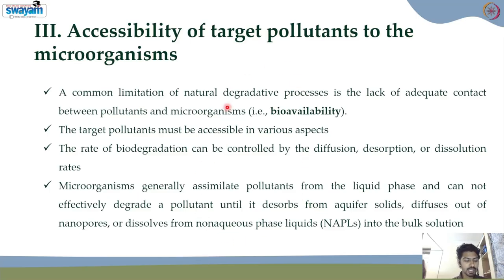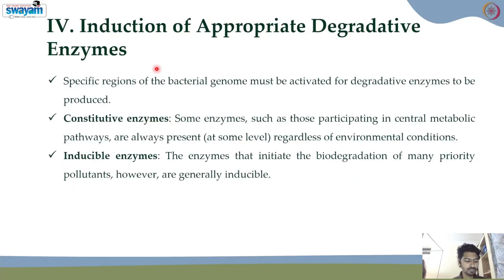From this we understood that the success of the bioremediation process depends not only upon selecting the right microbes in the right environment, but also upon the accessibility of the pollutant to the microorganism. That is why the biosurfactant plays an important role to accumulate these pollutants and degrade them effectively. So accessibility is another important factor which determines the rate of biodegradation.